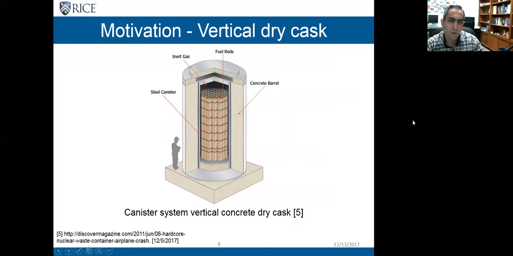Currently, there is no long-term solution for the storage of spent fuel in the United States. And because of that, these structures have to be in service for long periods of time. So aging is a threat to these structures. In addition, since the structure is not mechanically attached to its foundation, under lateral loads, it might display different modes of motion.